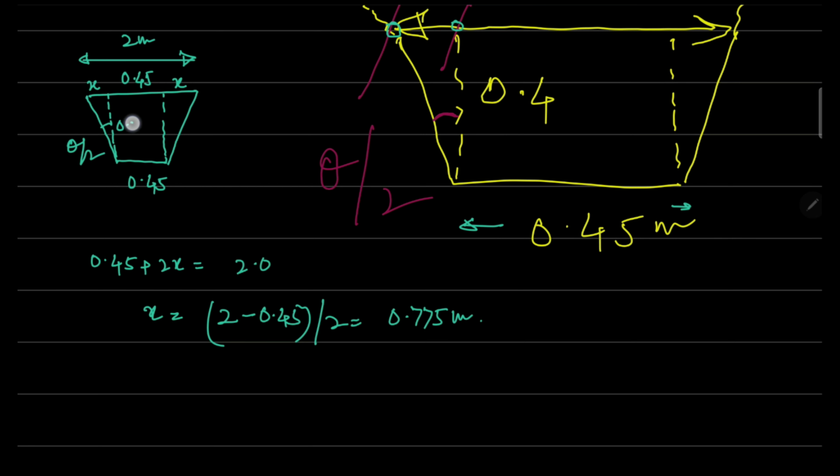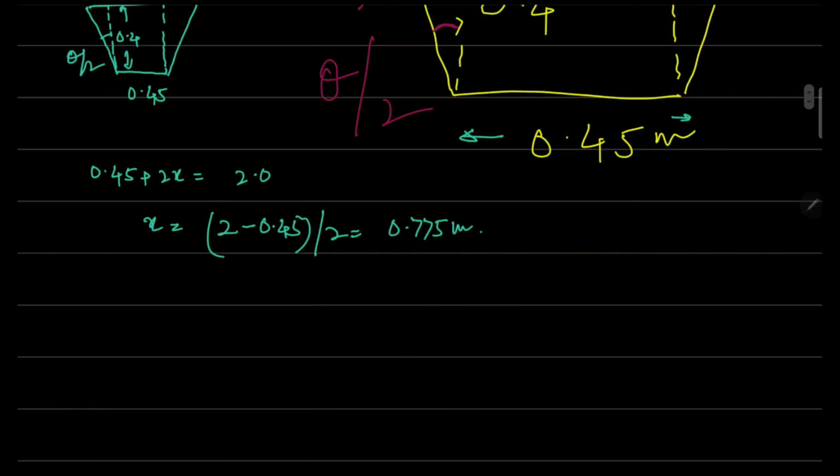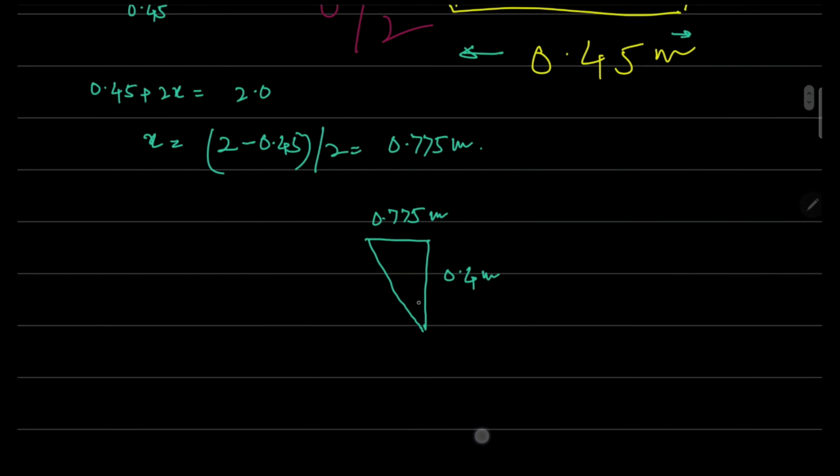Now again, for the determination of theta by 2, this height is 0.4 meter. So now the problem is such that our x value is 0.775 and this is 0.4 meter. So this is your theta by 2. So tan theta by 2 will be equal to 0.775 divided by 0.4.